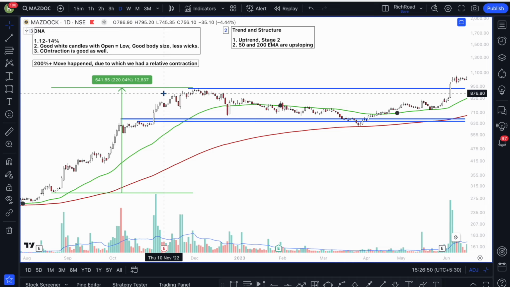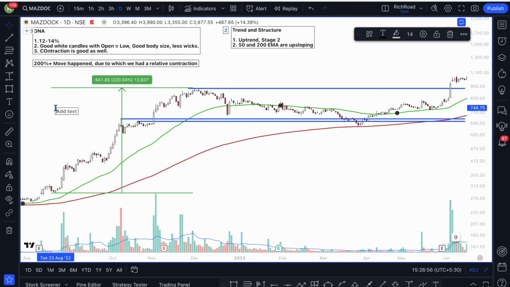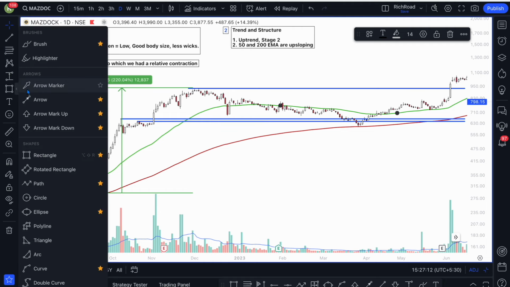Now see the point to note here is the principle of polarity that I taught you. So you will write principle of polarity. And what is that? You will see that the resistance has turned into a support.